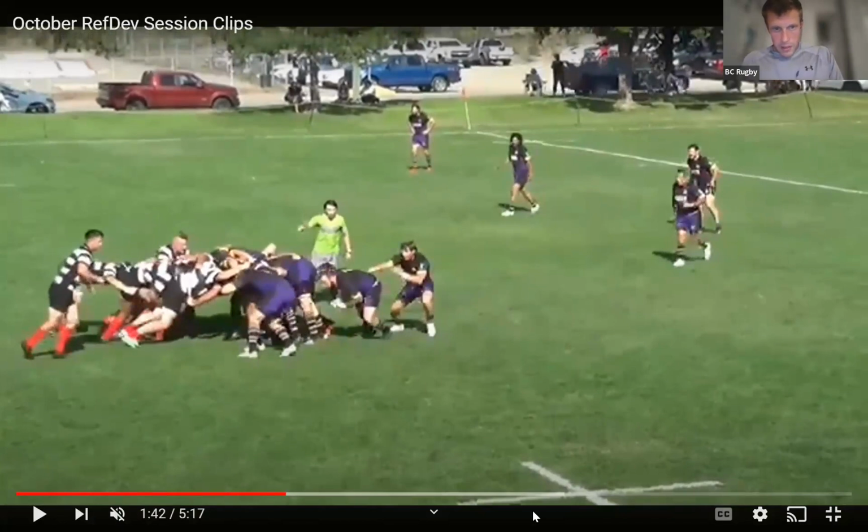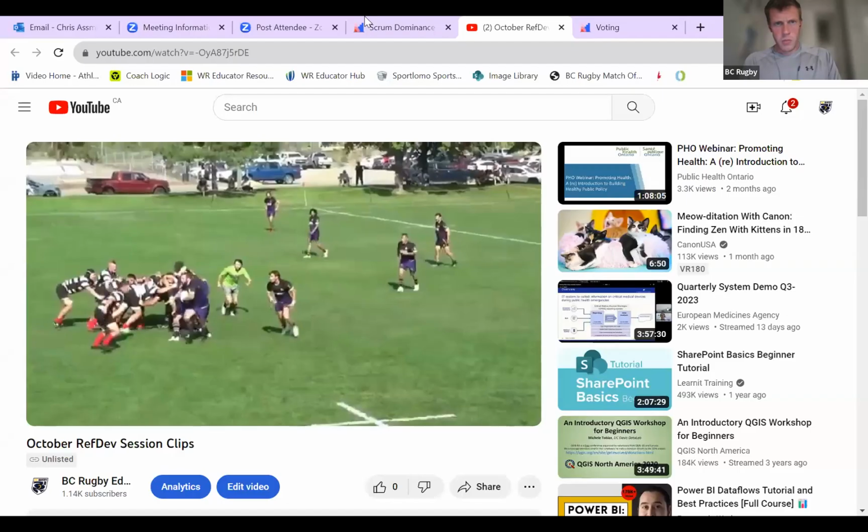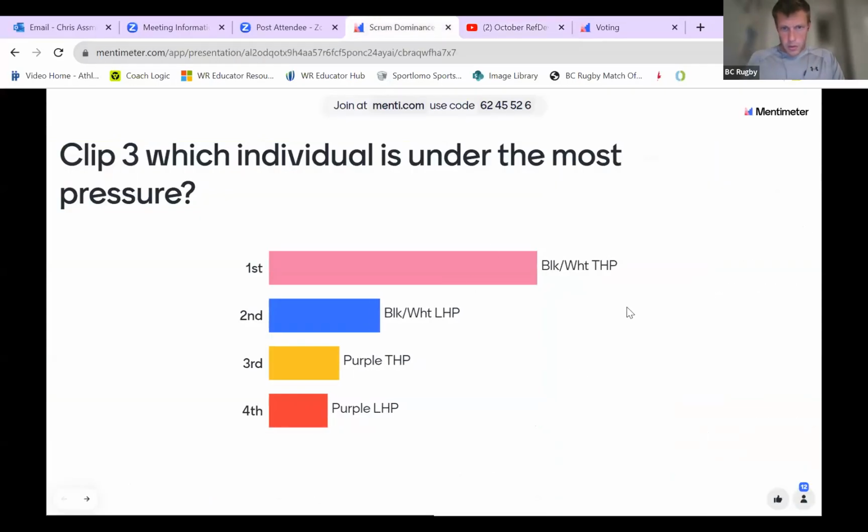Sweet. Let's go back to this one. Okay, as we can see here, we have in first place the black and white striped tight head prop. In second, the black and white loose head prop. A couple of people saying the purple tight head prop and purple loose head prop.